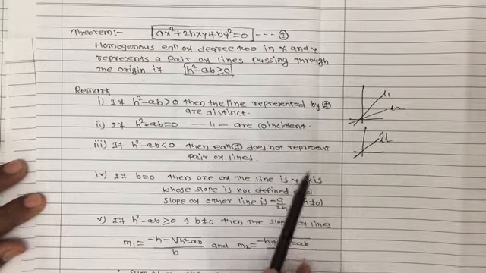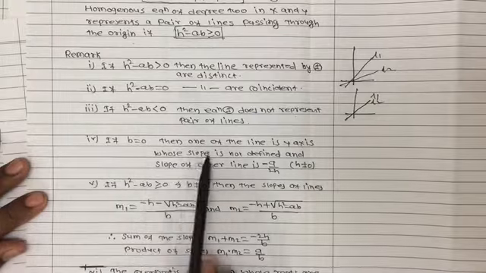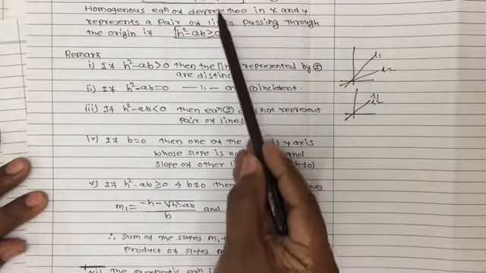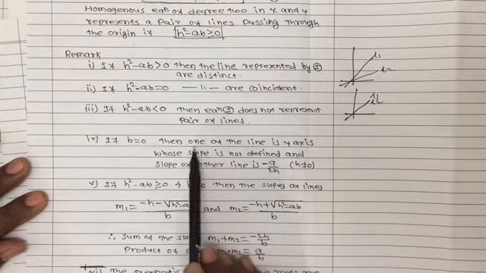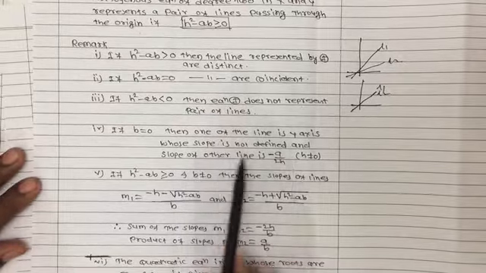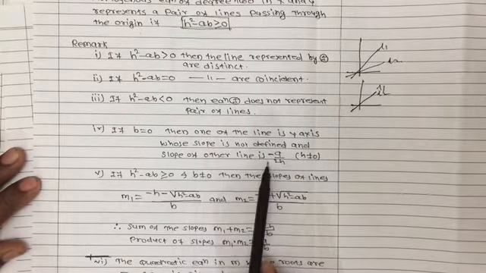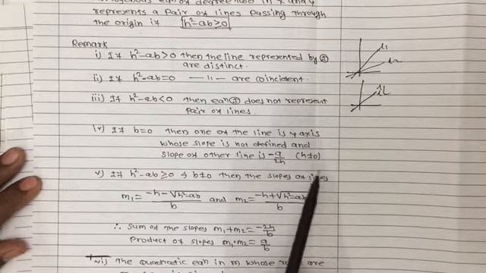Now again, if b is equal to 0, then there are two lines. Out of that, one of the lines is the y-axis and its slope is not defined, and the slope of the other line is minus a by 2h, where h is not equal to 0.